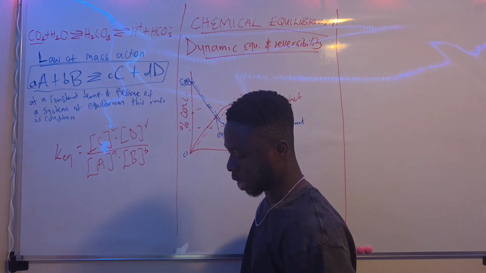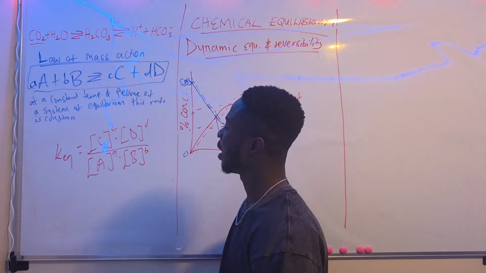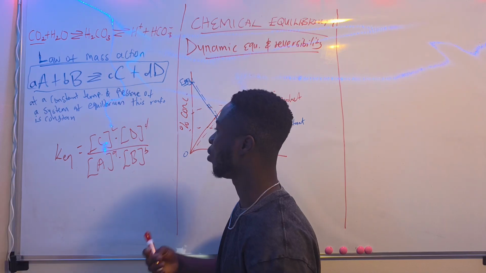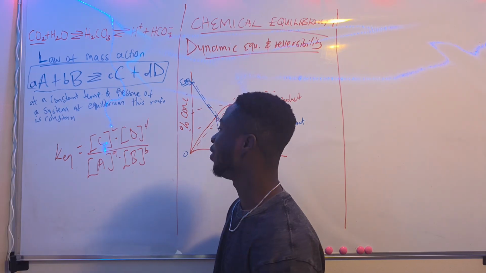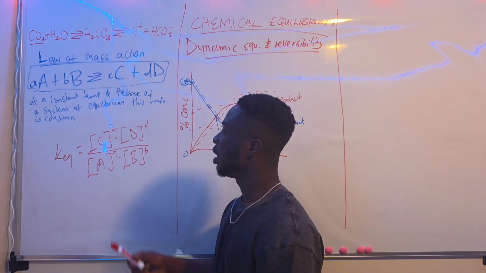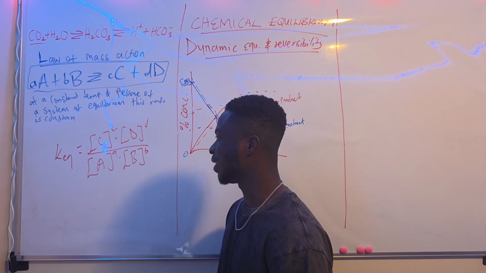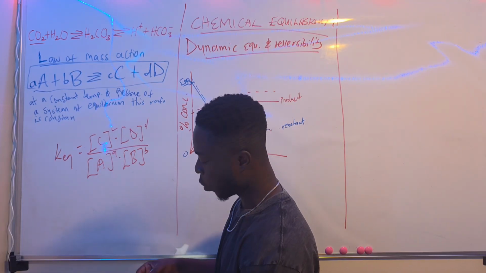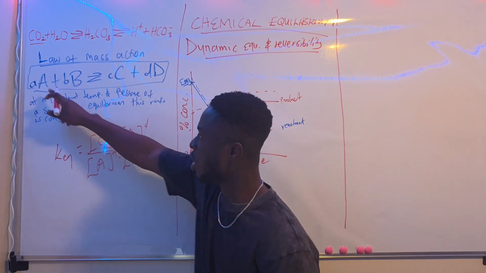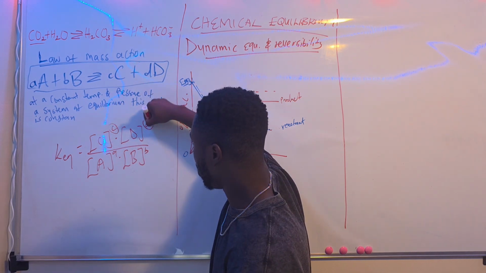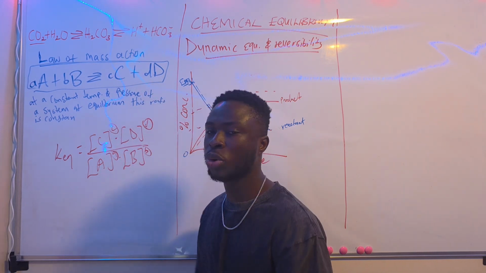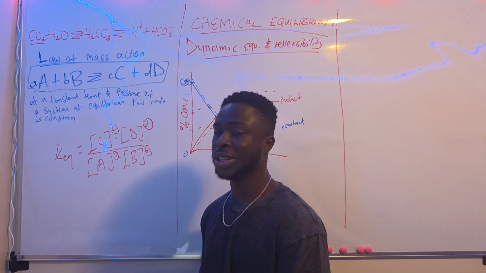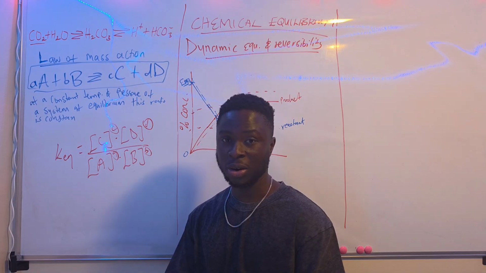Now, if you look at this critically, you are going to say that at a constant temperature and pressure of a system at equilibrium, the rate of the reverse reaction over the rate of the forward reaction is constant. But what you should know is that over here, the stoichiometric coefficients that we put on top are not the same as in the rate. When we were talking about the rate, we talked about the order of the reaction.